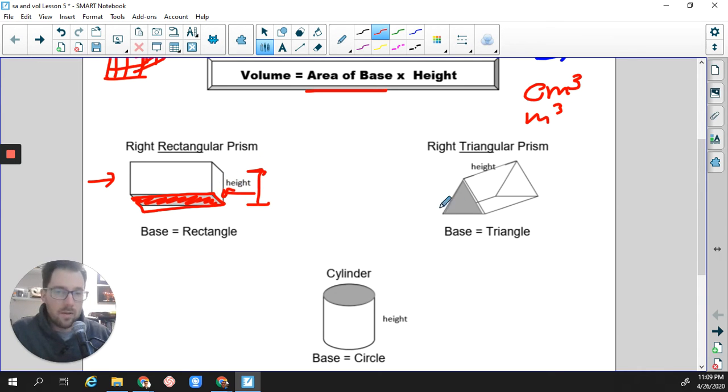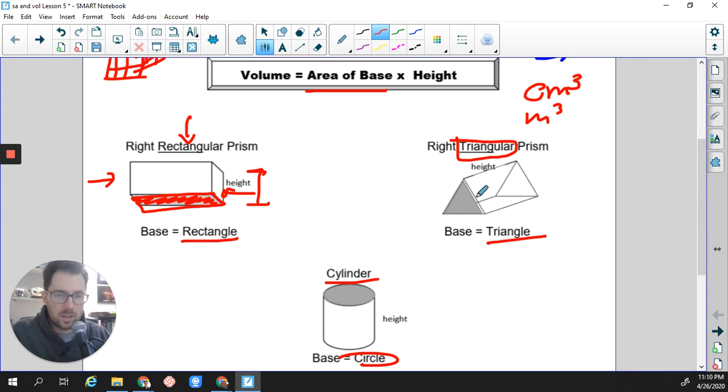Okay. If we were looking at a triangular prism, it's a little bit different. If we look in the name, rectangular prism, that means the base is going to be a rectangle. If we look at a triangular prism, that means the base is going to be a triangle. If we look at a cylinder, that means the base is going to be the circle.